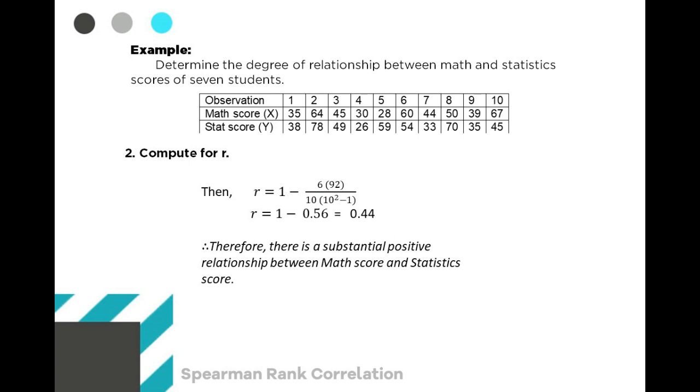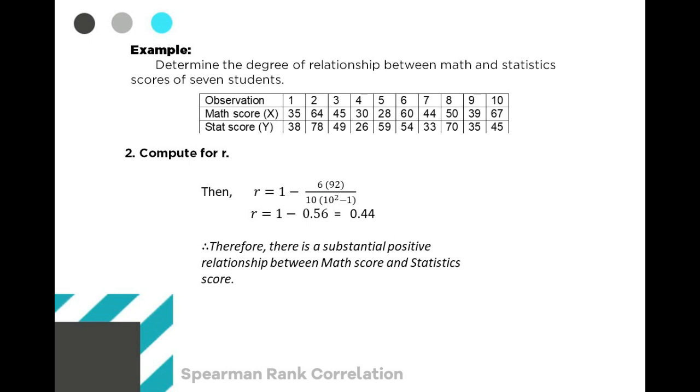So we can now compute our R. So by using the formula for Spearman's rank, we can have R, which is equal to 1, constant siya, minus 6, which is also constant, times yung summation ng D square natin, which is 92, over N. So our N is 10, multiply to the quantity of N square, which is 10 square, minus 1.